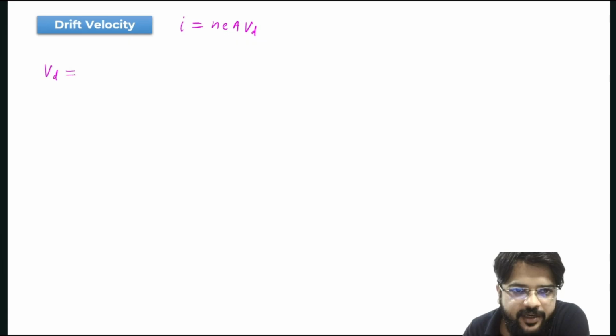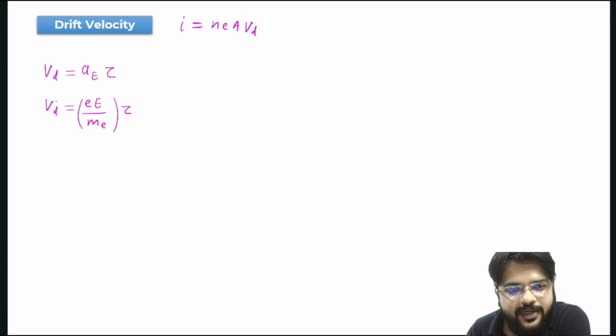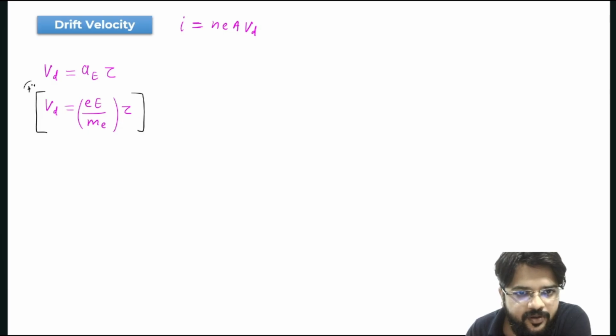Drift velocity can be written as the acceleration of the electron into the relaxation time. And the acceleration of the electron can be written as what? This thing we also know. It is eE by the mass of the electron, into tau, correct? So this relation is important for us. We need to keep this relation in our mind. Note down, everyone.